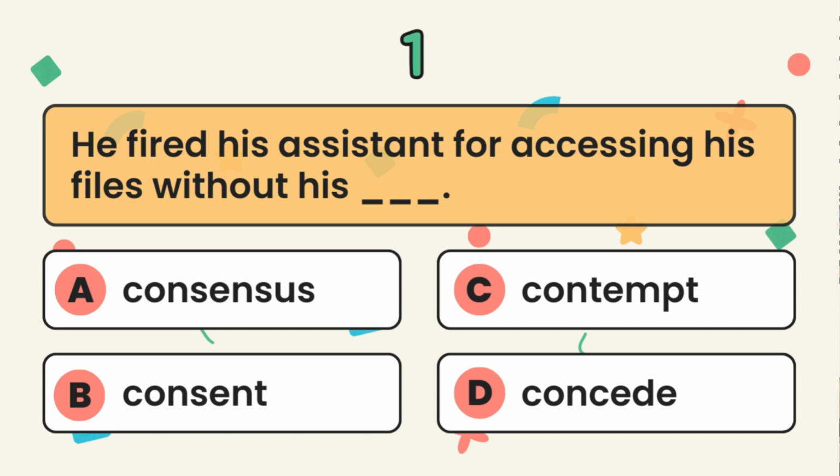Kasi yung concede, inaano nito yung validity or yung truthness ng isang bagay. And then, nandyan yung word na without. So, the consent is the approval ng isang tao, which is, isang tao lang naman yung tinutukoy niya, which is, he fired his assistant for accessing his files without his consent. So, the right word for this number is consent.